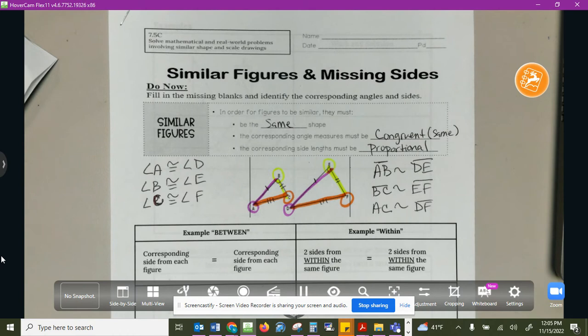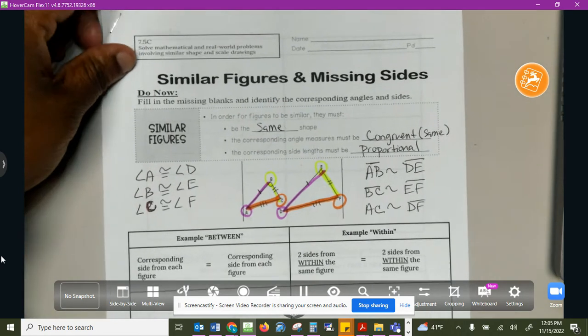So if your do now doesn't look somewhat similar to that, make sure you update it with any information you've been missing.